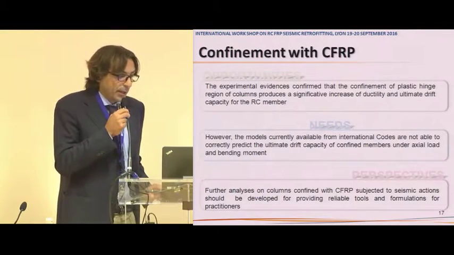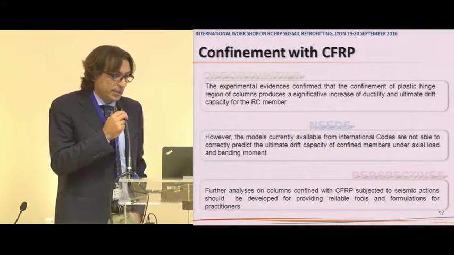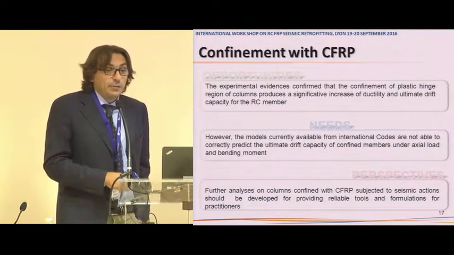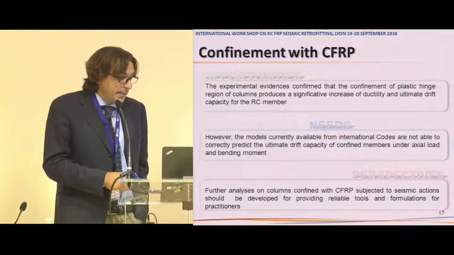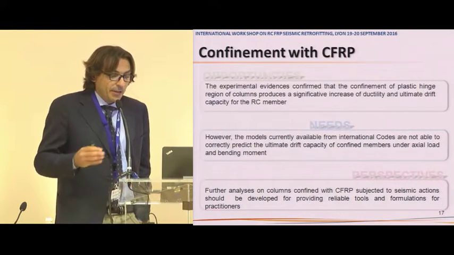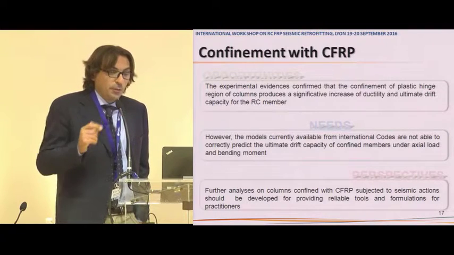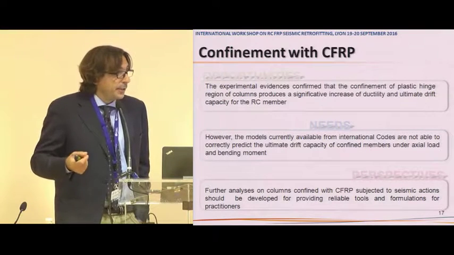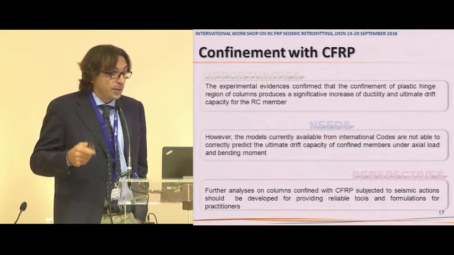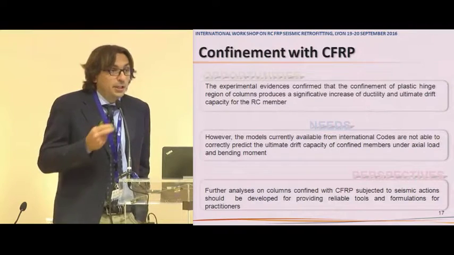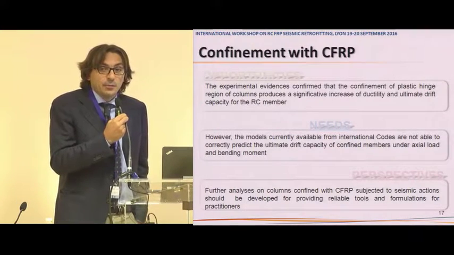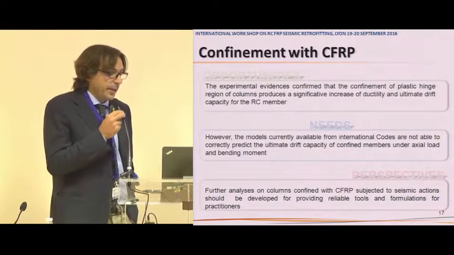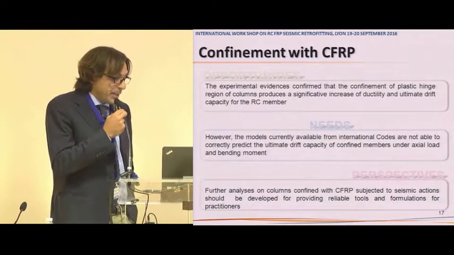So as a conclusion of this first part of the presentation, we can say that confinement is well known to be effective to increase the ductility capacity, but there are several formulations to compute the benefit in terms of ultimate concrete strain, while just Eurocode gives us a formulation to predict the ultimate drift, which is what we need when we perform a pushover analysis and when we try to model an existing building, considering the effect of FRP wrapping.